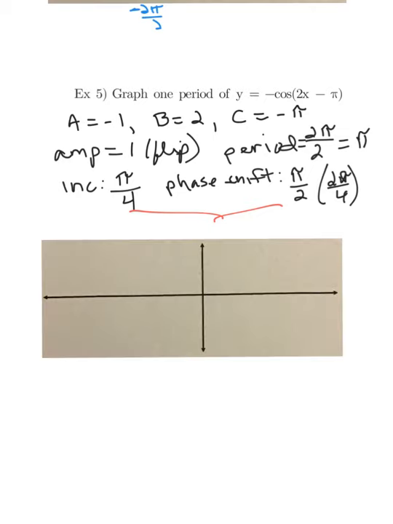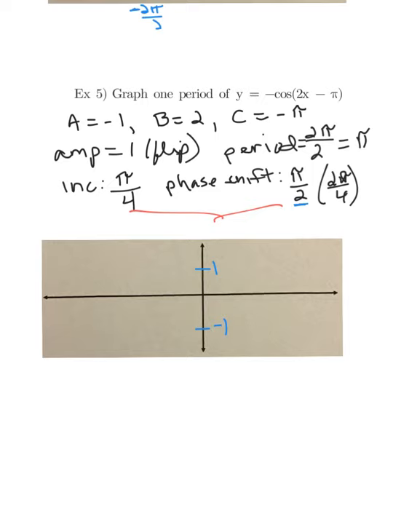Let's put all of these parts into play and create our graph. Our amplitude is 1, so our vertical labels are 1 and -1. Our phase shift is pi over 2, or 2 pi over 4, whichever way you want to think of it.